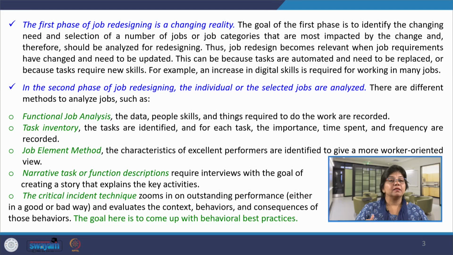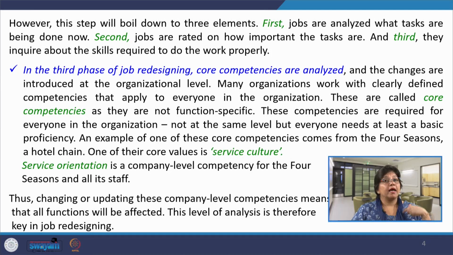So, it is basically a very long-term functional process where organizations are involved in understanding the job from the deep root level. Although, when we are analyzing the jobs, it will identify three aspects. The first is that jobs which are being analyzed will talk about the task which has to be performed. Second, jobs are rated on how important the tasks are, and third, they inquire about the skills required to do the work properly.